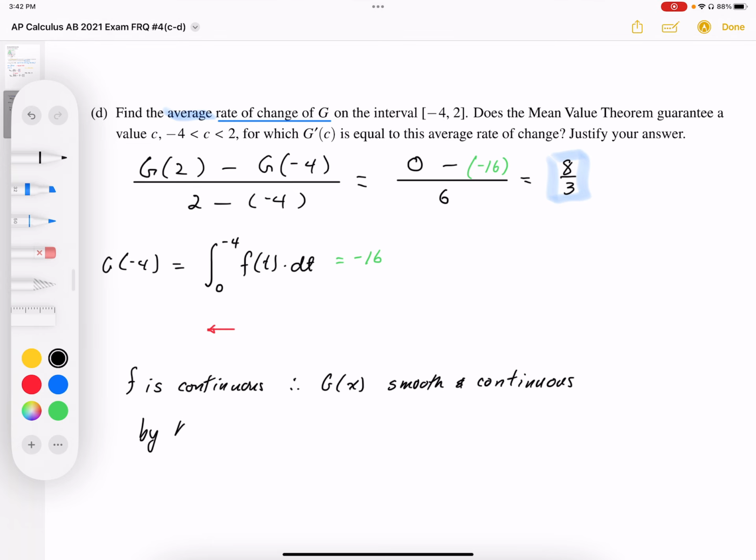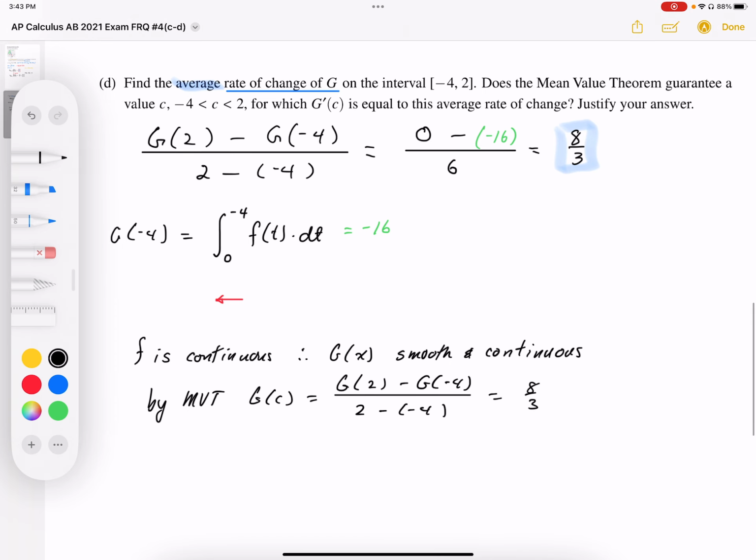So by MVT, we know that g prime of c must exist, and it must be equal to g of 2 minus g of negative 4 over 2 minus negative 4, which is equal to that. And by the mean value theorem, we know that c must exist between 2 and negative 4. Okay, and so we can apply the mean value theorem as long as we state the condition that g is smooth and continuous based on the fact that the derivative f is continuous.